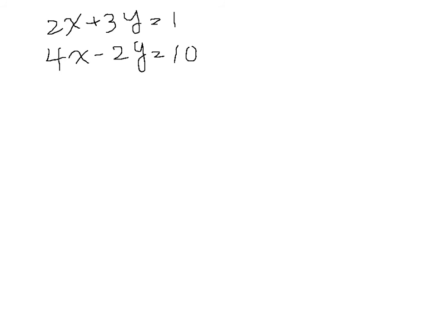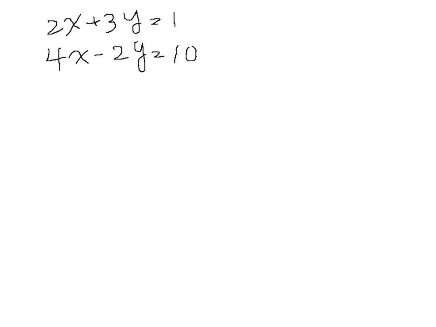Now if it's a simple elimination problem, we can either add or subtract, but if you add these two, we'll have 6x, and if we add these two, we'll have 1y, and the right side will be 11. So it's not going to be really helpful because we are not eliminating any of the variables. If we're subtracting, we'll have negative 2x and also 5y, because 3 minus negative 2 will be 5y, and negative 2. Again, we are not eliminating any of them.